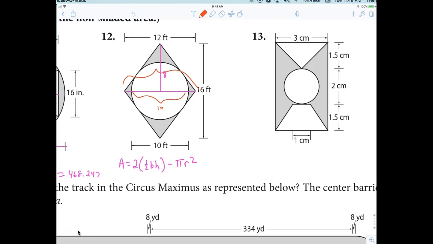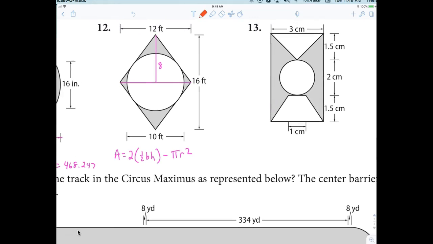So let's take a quick look now at what is the base and height of the triangle. What's the base and height of the triangle? So A equals 1/2 times. How wide is the triangle? The base is 10. And the height is what? 8.